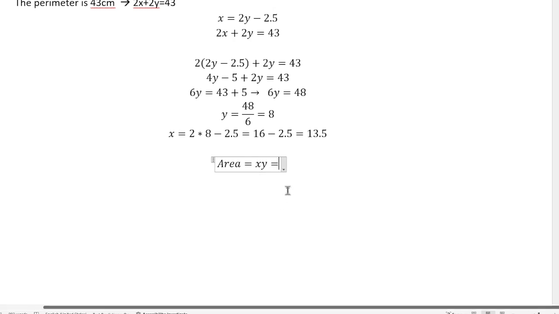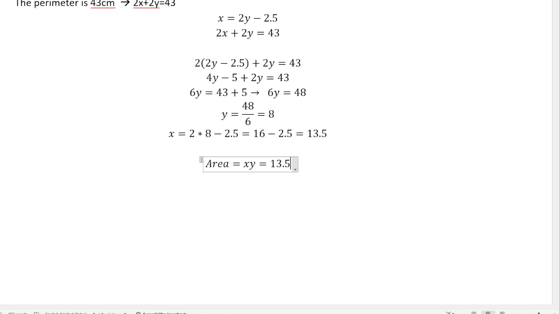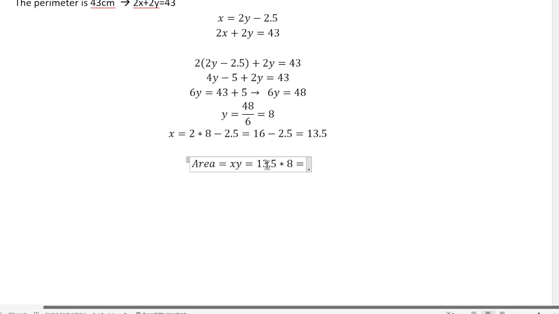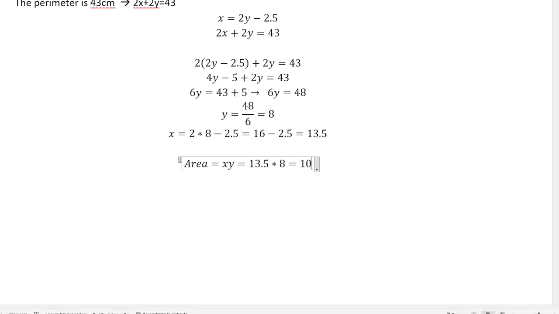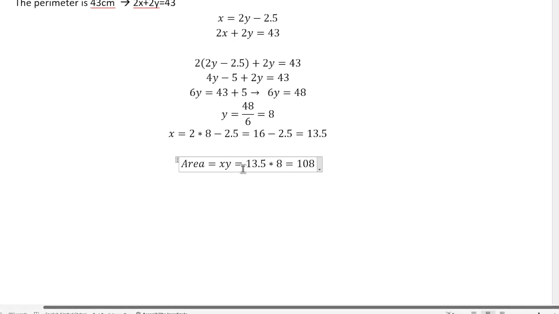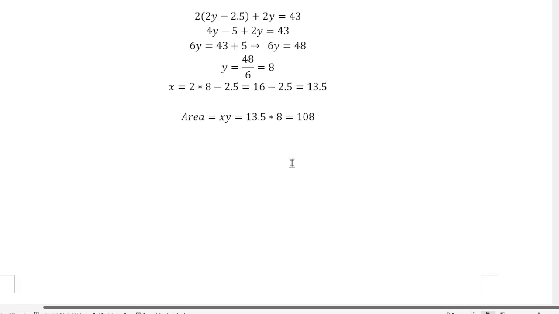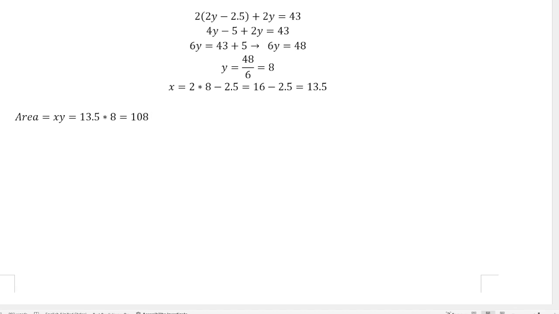So it's 13.5 times 8, which is let's see, 104 plus 4, 108. That's what you get, right? 104, yeah, 108. So the area is 108, and the correct unit is square centimeters.